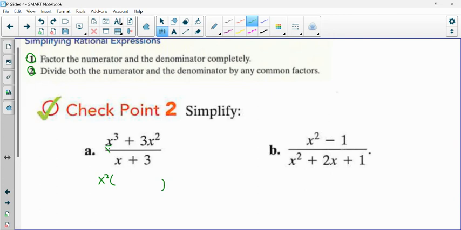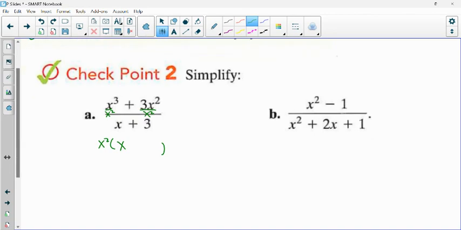So I'm going to divide each of my terms by x squared. I'm going to make sure that GCF stays in front. And I would be left with x, because x cubed divided by x squared is just x. And then 3x squared divided by x squared is plus 3. On the bottom, I have x plus 3.